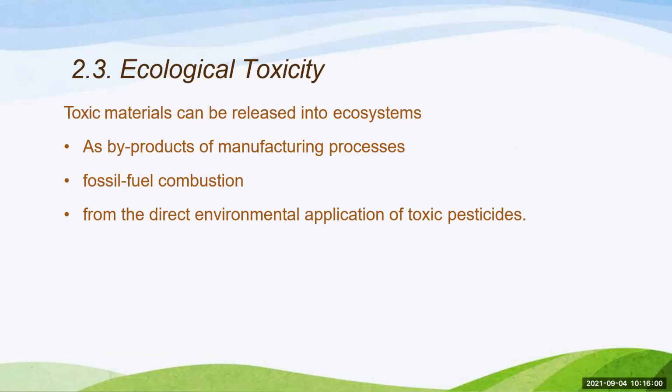And ecological toxicity: toxic materials can be released into the ecosystem as a byproduct of manufacturing processes, fossil fuel combustion, and the direct environmental application of toxic pesticides. Okay, this is ecological toxicity.